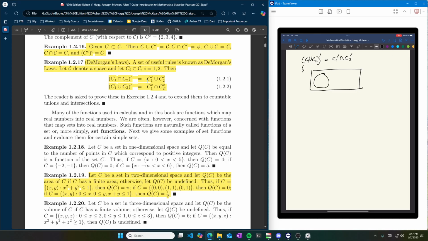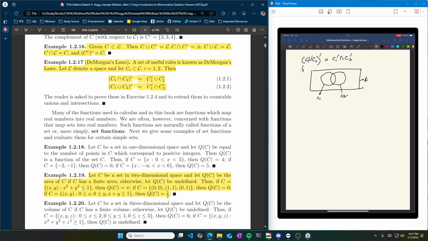This is C1, and then why am I drawing so badly? Let's imagine this is C1. Let's imagine this is C2. This is C1. This is C2. This is the whole set C. Now C1 union C2 would be what?